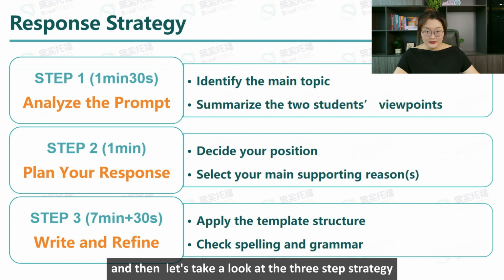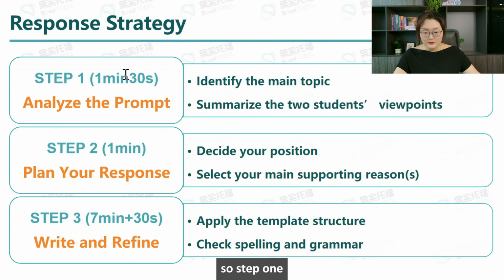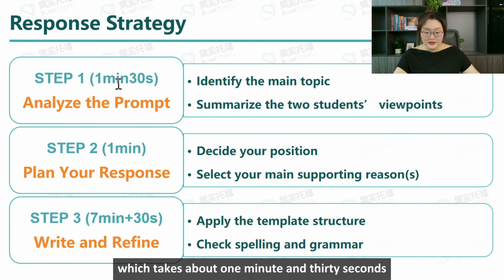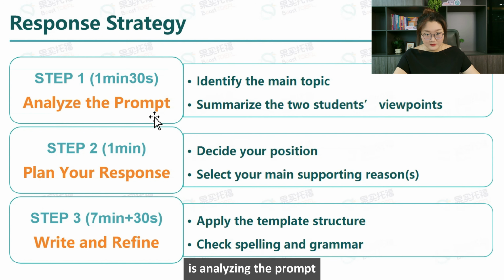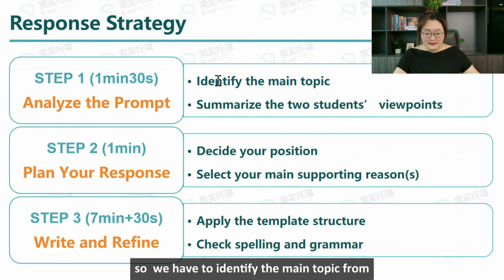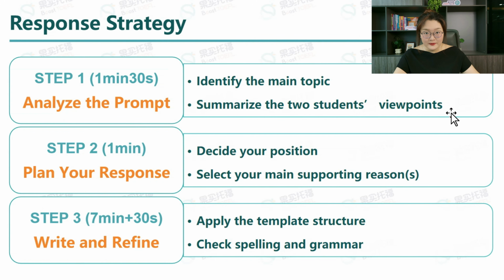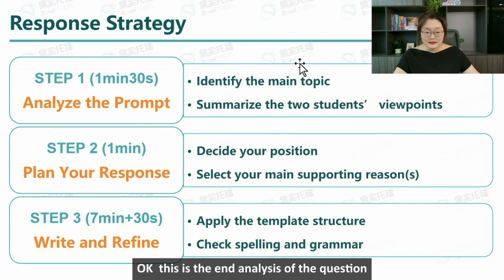And then let's take a look at a 3-step strategy that we can use to analyze the question. All right? So step 1, which takes about 1 minute and 30 seconds, is analyzing the prompt. So we have to identify the main topic from the things that the professor said and summarize the two students' viewpoints. Okay, this is the analysis of the question.